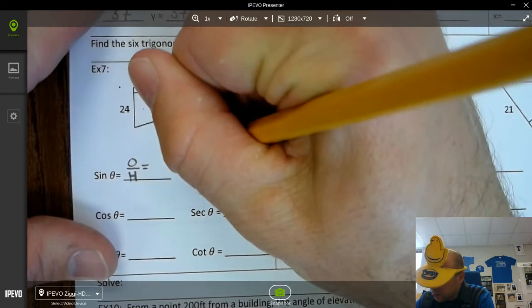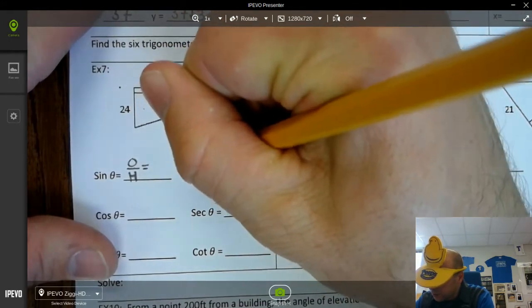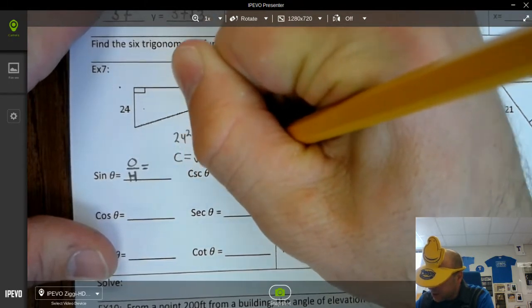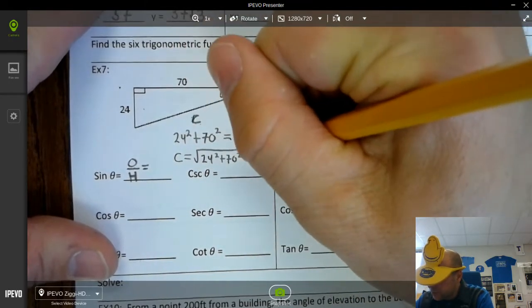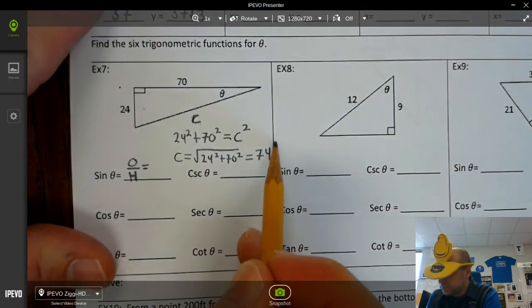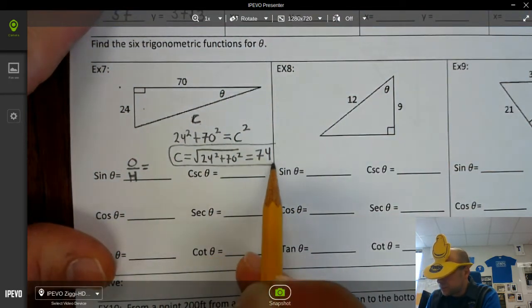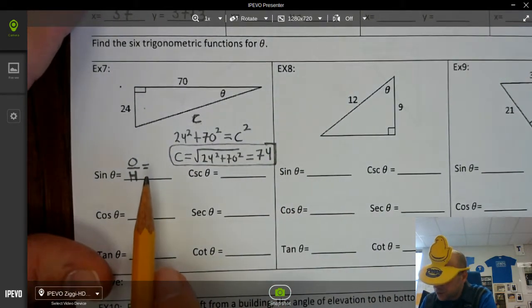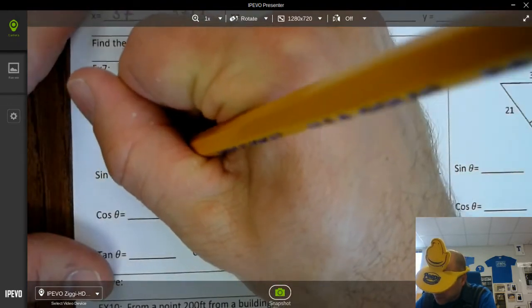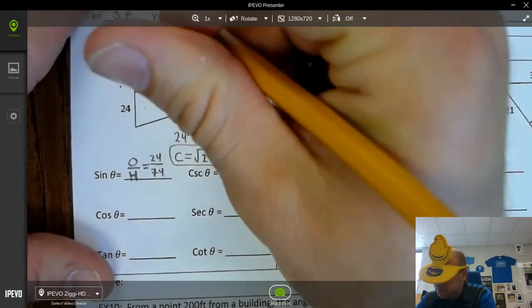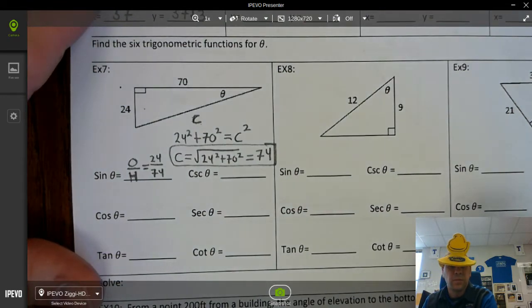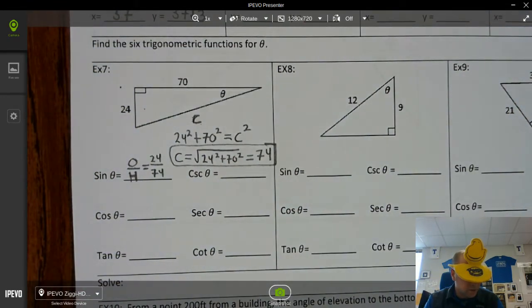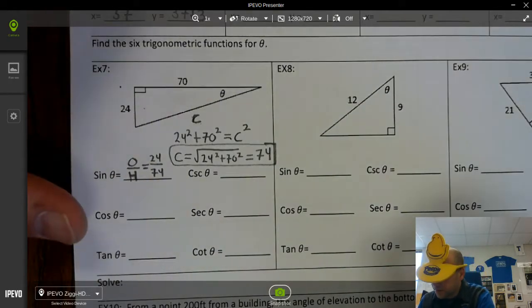So c equals the square root of 24 squared plus 70 squared, which equals 74. So that means sine of theta is opposite, which is 24, divided by 74, which we know reduces to be 12 divided by 37.